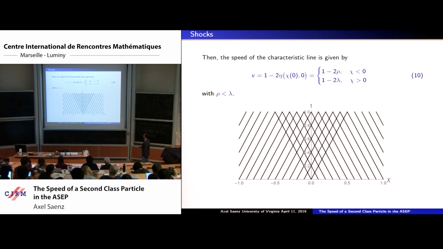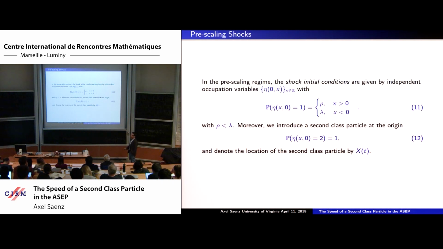In the interpretation for ASEP, what we're going to do is go back to the pre-scaling limit, and add Bernoulli step conditions with probability rho to the left of the particles.